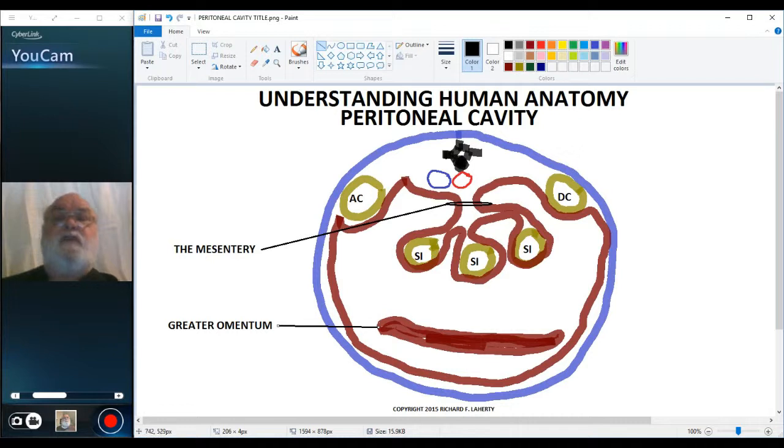But as it grows to maturity, the peritoneum lining the lesser sac portion of the greater omentum wears away, and it becomes fused in just a single sheet of peritoneal tissue. So that completes our discussion of the peritoneal cavity. Thank you for your attention.